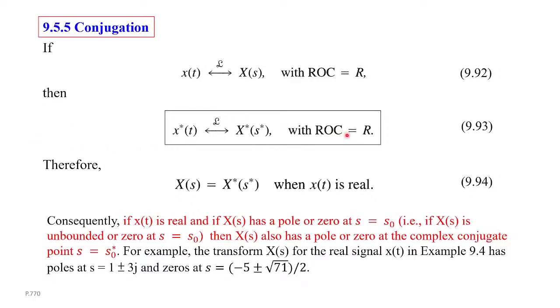Also, we can think about what happens when x is real. Real means x equals x star, so X of s equals X star of s star. It's probably easier to think of it by moving the conjugation to this side.